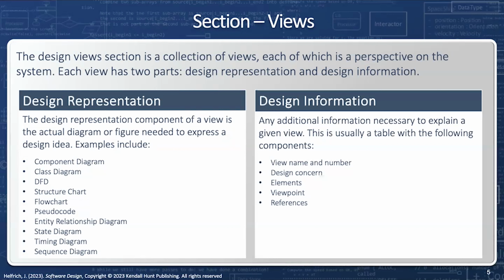Oftentimes, we need design information. And this helps me understand, number one, what's the name of this view and its number? Number two, what is it trying to represent? Its design concerns. Number three, what are the specific elements? Number four, what viewpoint is it? Is it a class diagram, entity relationship diagram, or whatever? And finally, references. What do I have to look at to provide more information about where this came from or more details about a specific element in this design view?